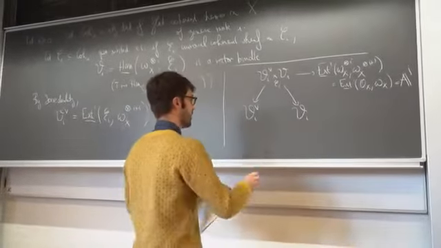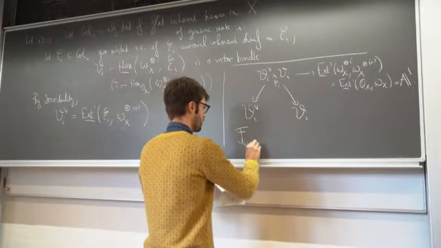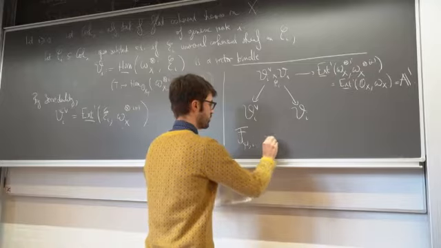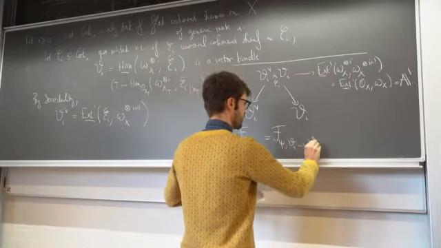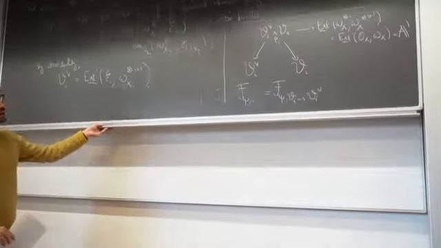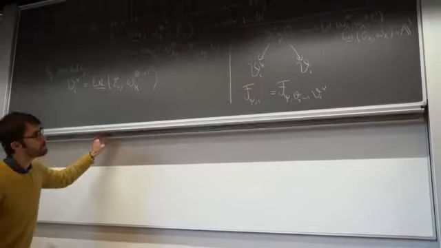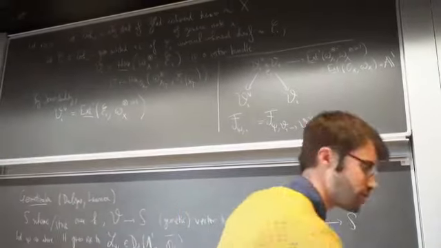And in particular, I get an associated Fourier transform, which I will just write F_psi,I, the Fourier transform attached to this. So that's the first step of the construction.